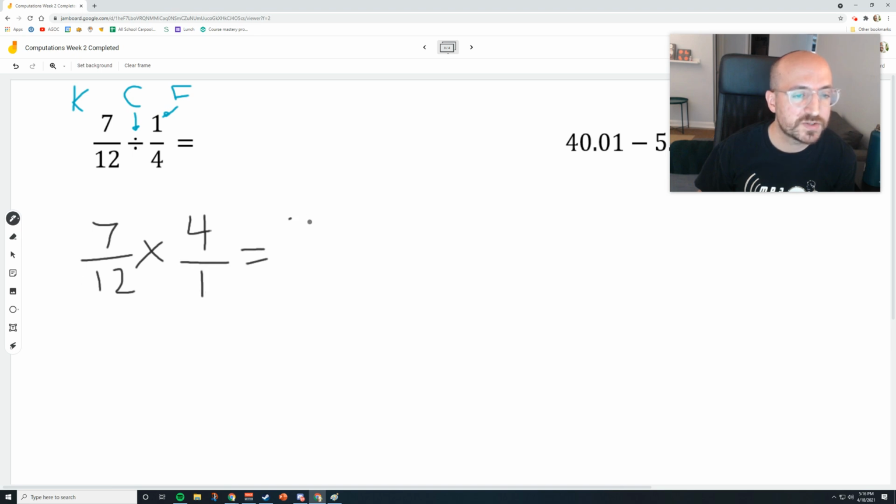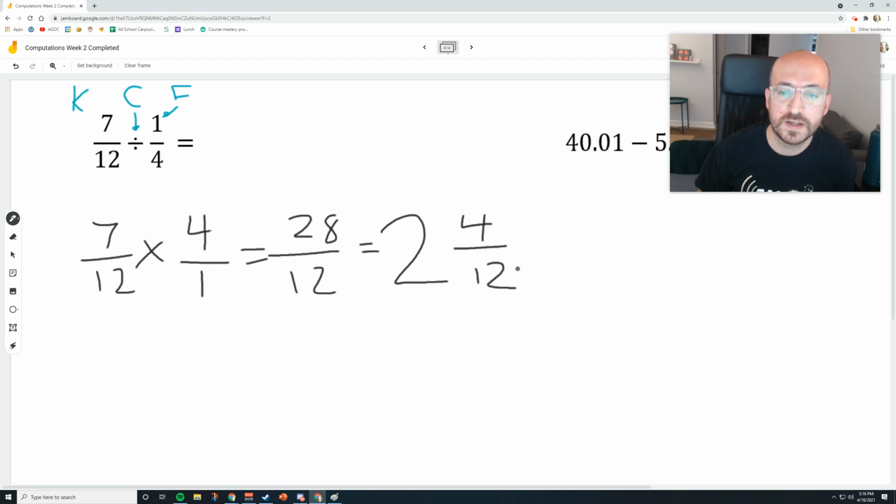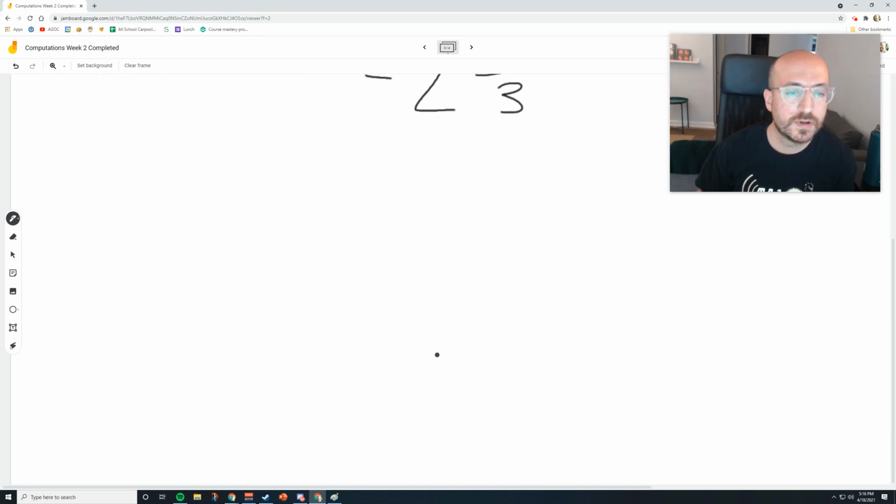And then we just multiply straight across. 28/12. How many 12s are in 28? 2. 2 wholes, because 12 times 2 is 24. That means we would have 4 12s left, dot, dot, dot, and that is 2 1/3.